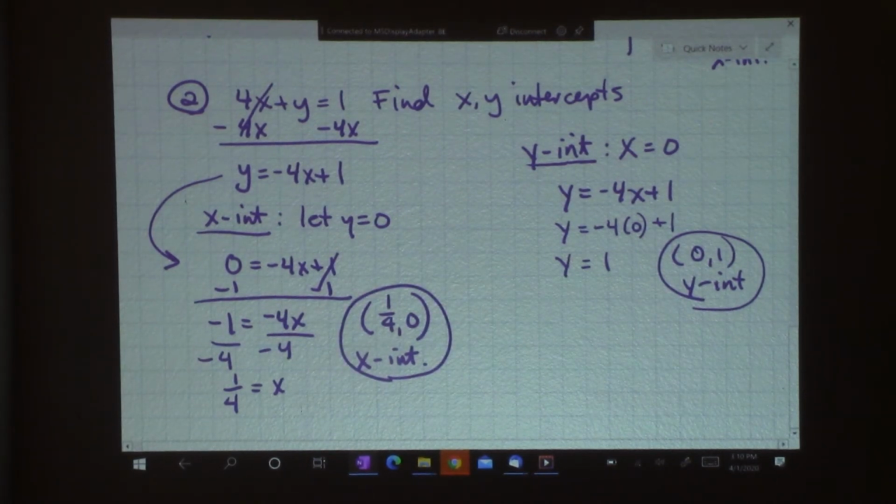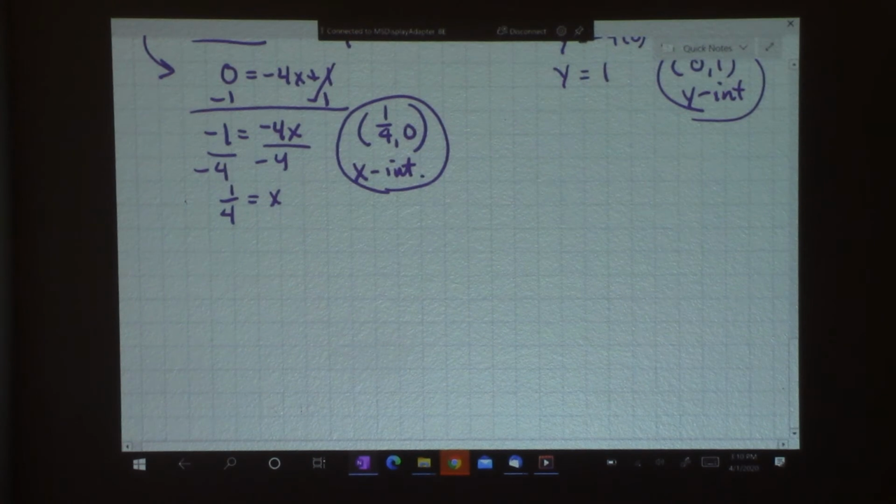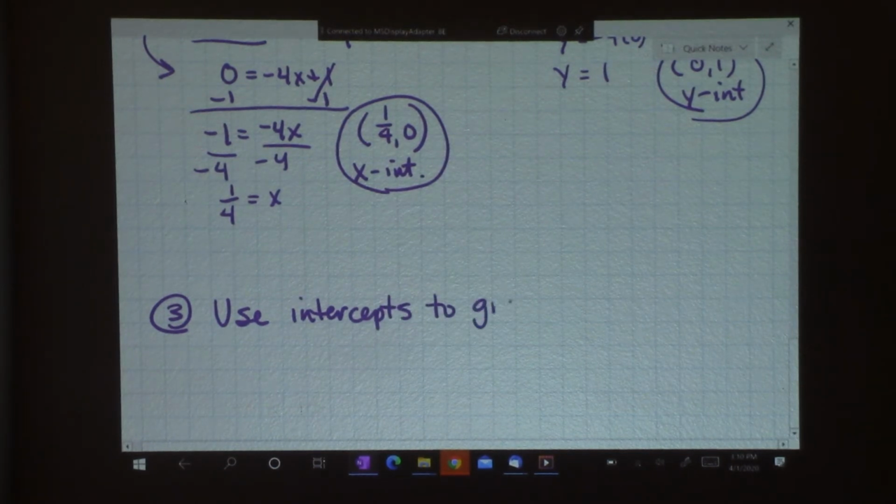Okay, we're going to do one more and then we're going to do some OYOs. Here's number 3. Use intercepts to graph a line.